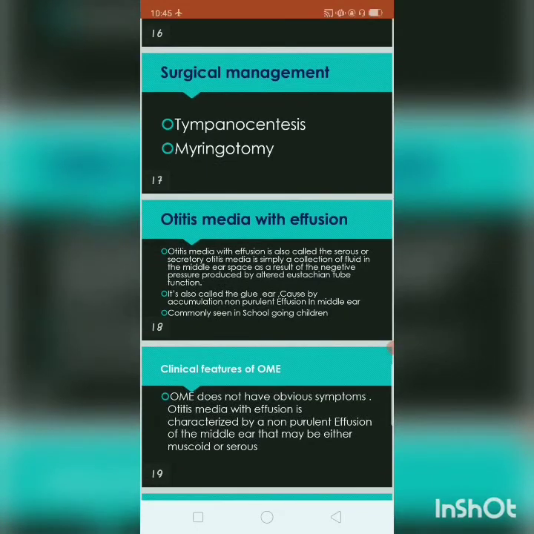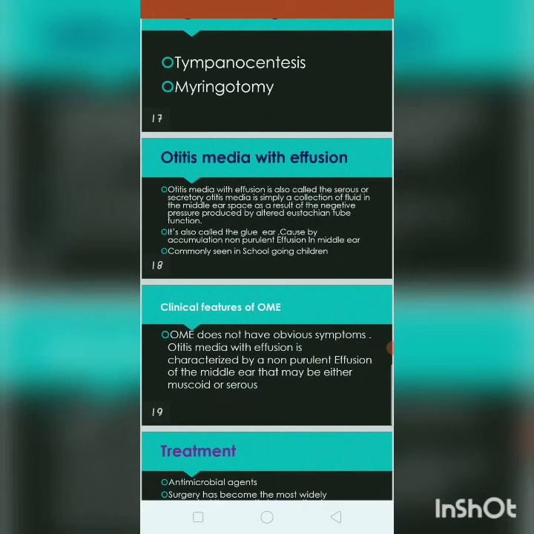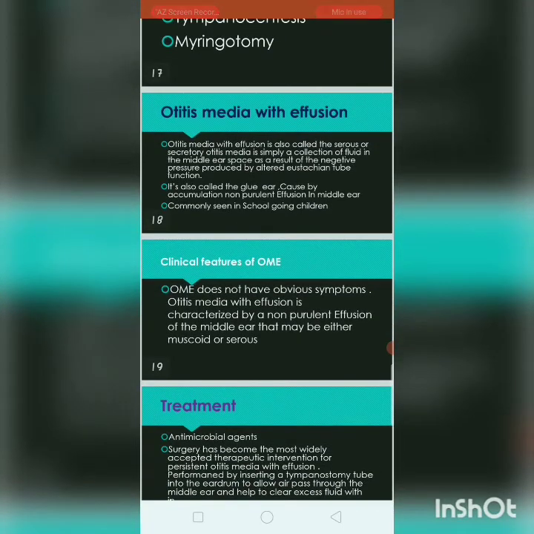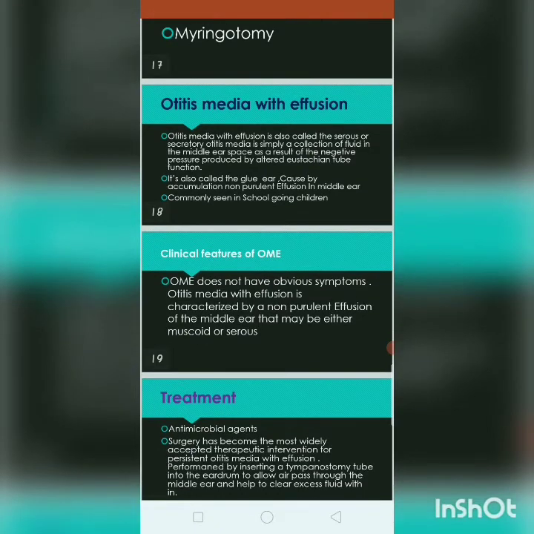Next, we will see otitis media with effusion, the second type of otitis media. Otitis media with effusion is also called serous or secretory otitis media. It is simply a collection of fluid in the middle ear space as a result of negative pressure produced by altered eustachian tube function.